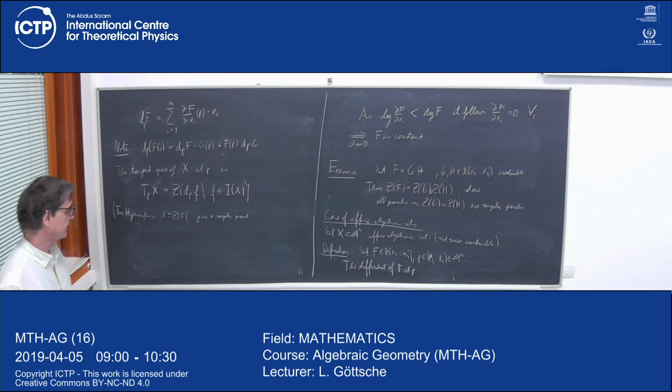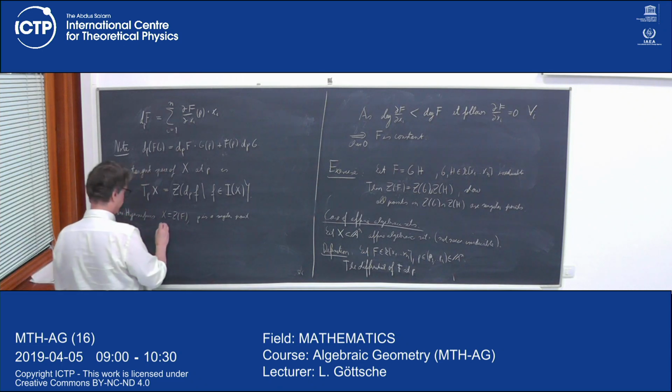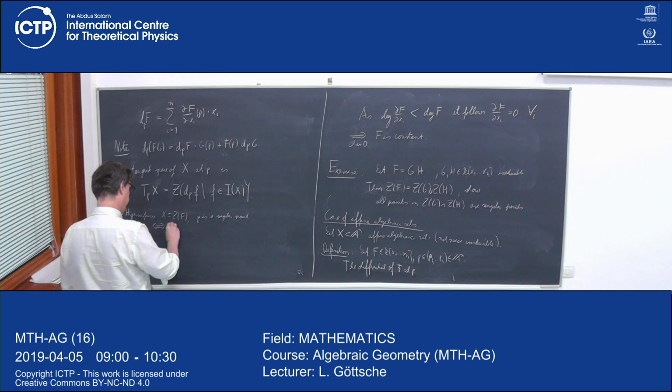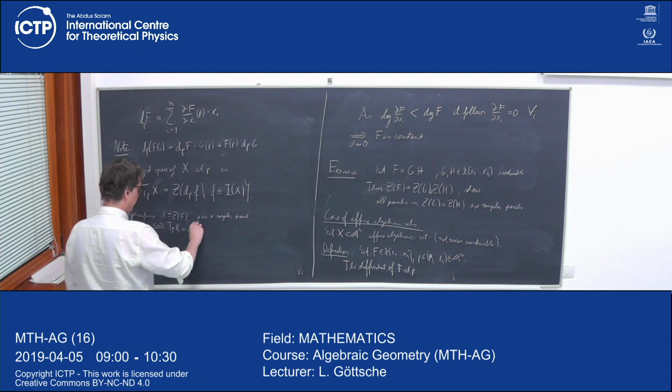So this means p is a singular point if and only if the tangent space is equal to the whole of A^n.